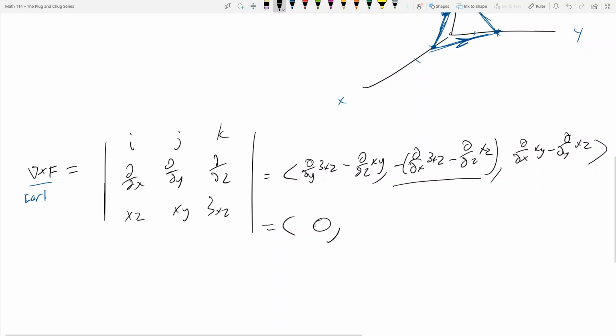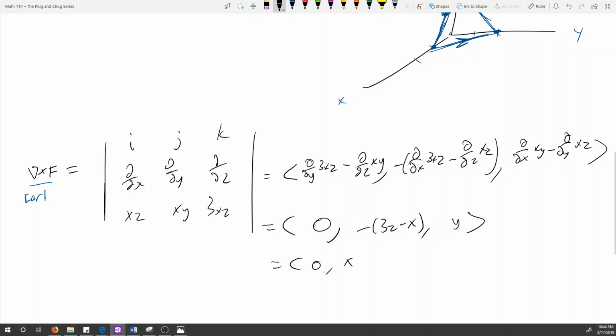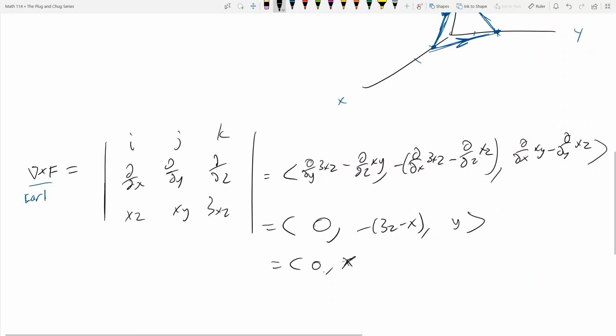Partial of x of 3xz is 3z, so you get negative 3z minus x, and we'll flip that around a little later. Then partial of x of xy is y, and partial of y of xz is 0. So if you want to write it without any minus of a sum or difference, this becomes (x minus 3z) and y. Okay, so that's how you calculate the curl.